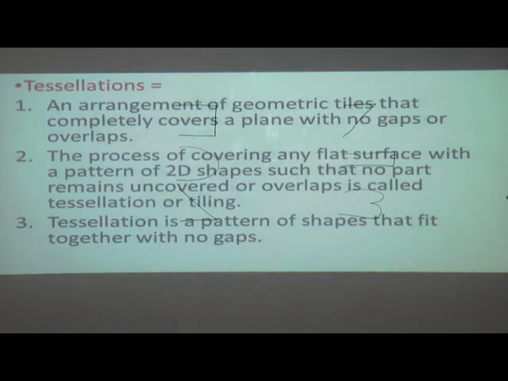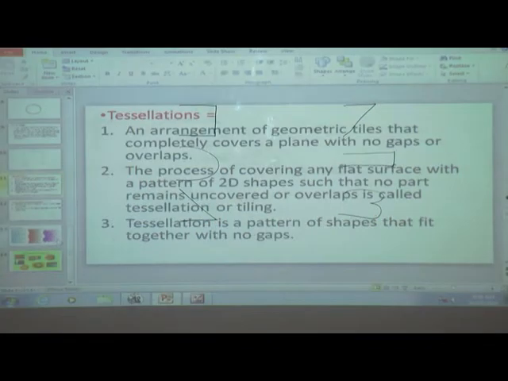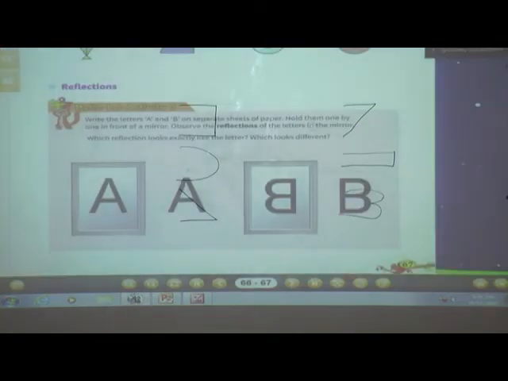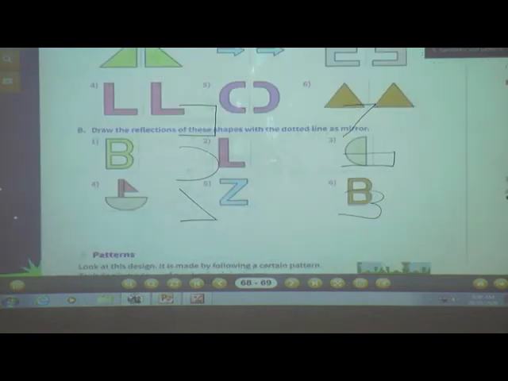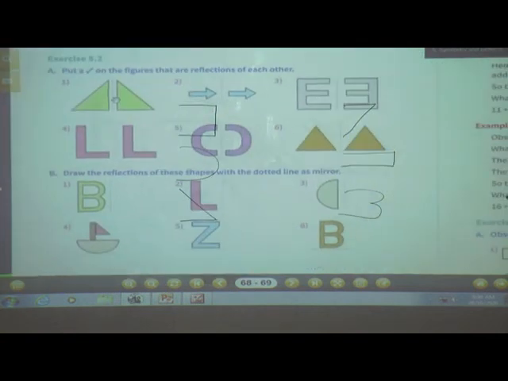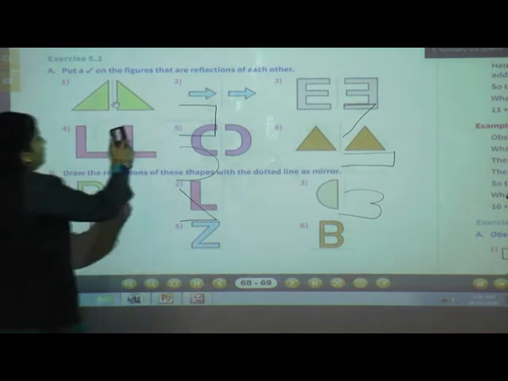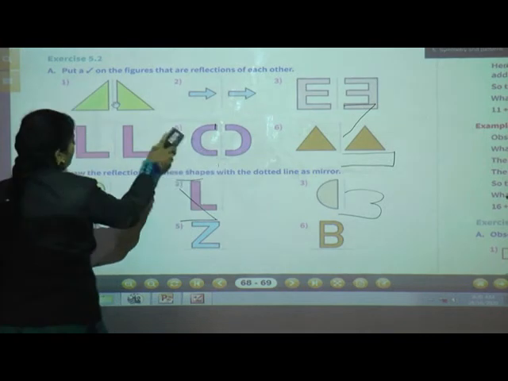Okay. Now see students, in your textbook, page number 68. See here. Students, here is exercise 5.2.